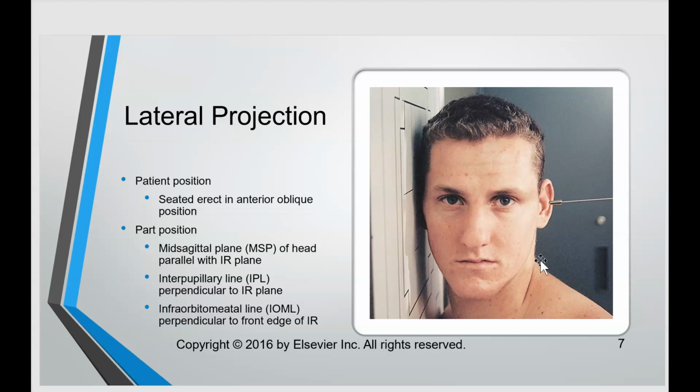Make sure your patient is seated erect and in a true lateral, so they're in that anterior oblique position up against the vertical bucky. The mid-sagittal plane of the head is going to be parallel to your IR plane. Your IPL, your interpupillary line, is going to be perpendicular to the IR plane.